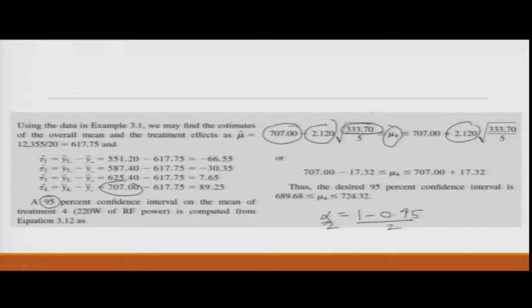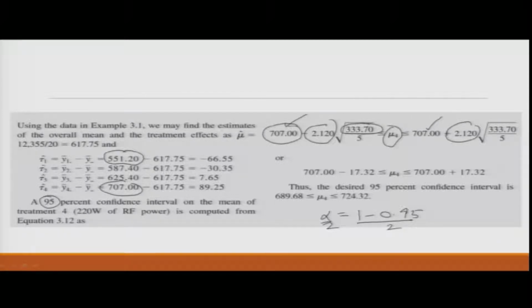Now, in the case when you want to find the interval for 160, in place of 707 you will have 551.20. So this gets replaced by 551.20.